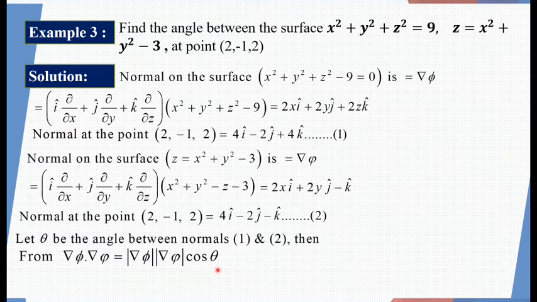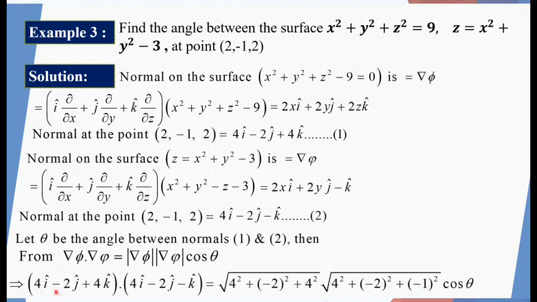So we use this formula, and putting the values, we get del phi is 4i minus 2j plus 4k, del psi is 4i minus 2j minus k, and mod of del phi is square root of 4 square plus minus 2 square plus 4 square, and mod of del psi is square root of 4 square plus minus 2 square plus minus 1 square, into cos theta.